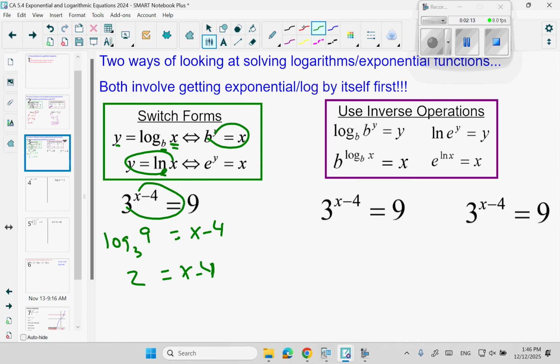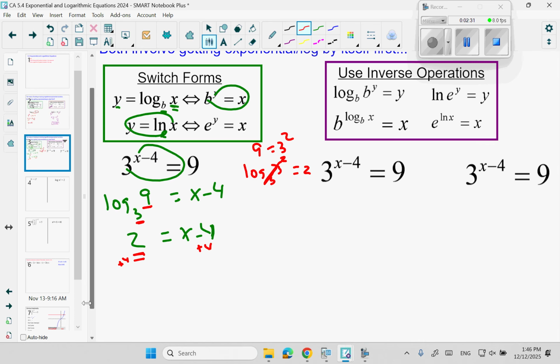Or we could recognize that, just from yesterday, this 9 can be written as 3 squared, and log base 3 of 3 squared, these two cancel out, and that just equals 2, which is exactly what I got right there. From there, we can add 4. So we get x equals 6.